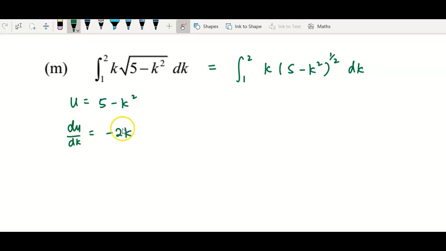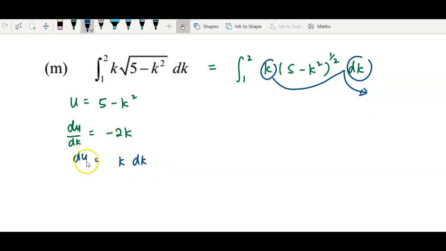From here you can see that we have a k here, which means that the k over here is going to be substituted, bring up the dk, and it's going to be replaced by du over negative 2. And this is going to be replaced by u.